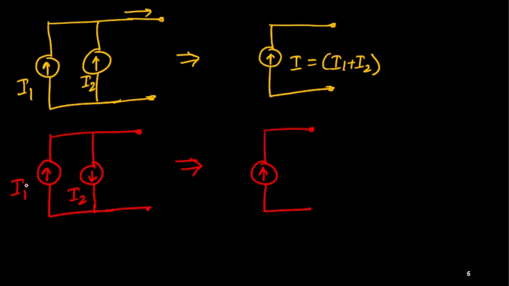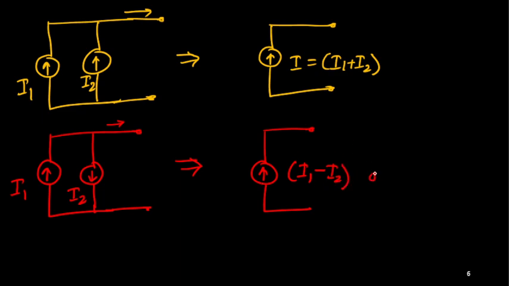I'll assume that I1 is there, I2 is suppose absent. In that case, I'll be getting only I1. But in this case, I2 is leaving, so the rest of the current is available here, I1 minus I2, because something is lost through this side. I1 is supplied here, I2 is leaving this side, so this side branch will be I1 minus I2. So I1 minus I2 is the resulting current source.